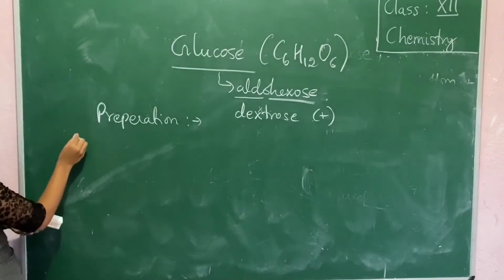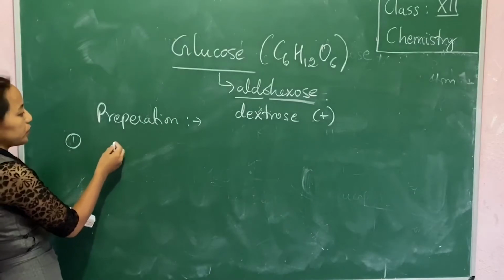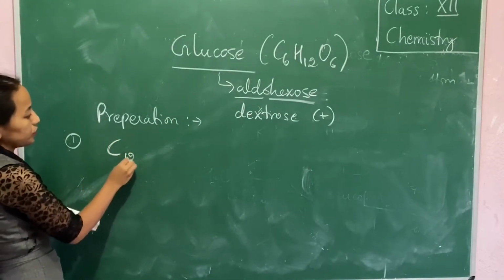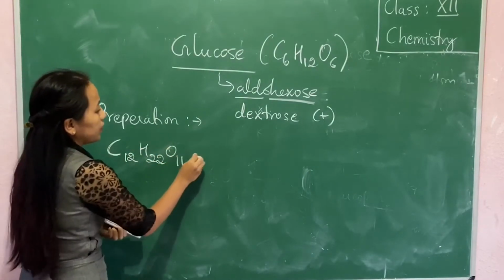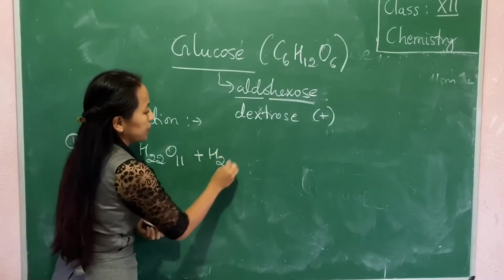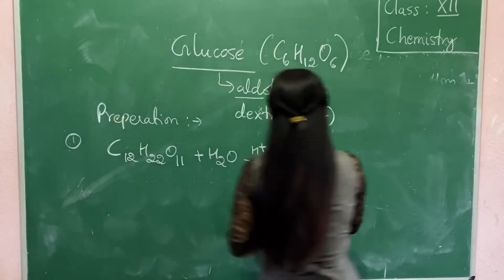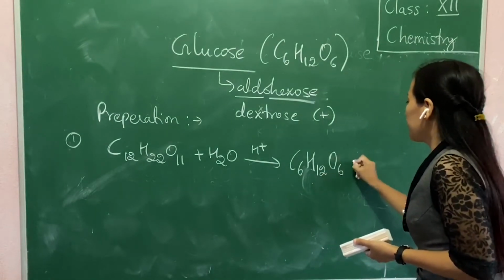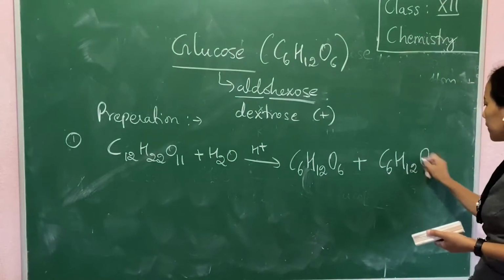First one is preparation from sucrose. Sucrose, that is C12H22O11, on hydrolysis, that is acidic hydrolysis, gives glucose, C6H12O6, plus fructose, C6H12O6.